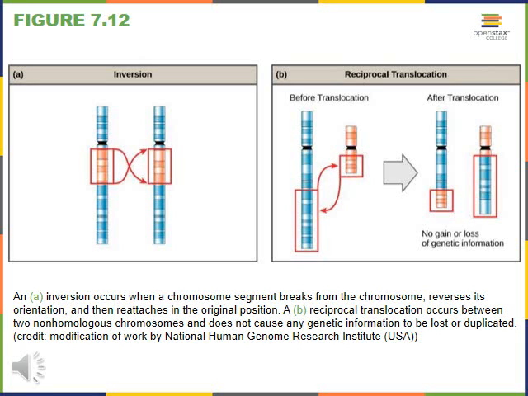And so you can see that before, and what happens is it's not going to cause any genetic information to be lost or duplicated, but it's still going to flip upside down. So this is also another interesting one because it's not gaining or losing any genetic information, yet what's the point to this? Is this just weird random mutation happening?